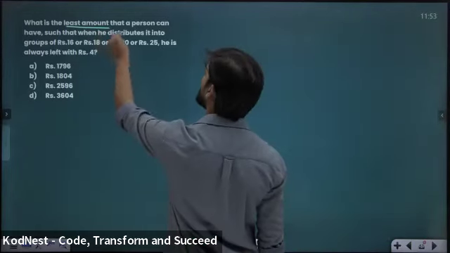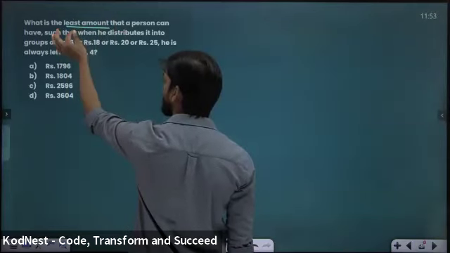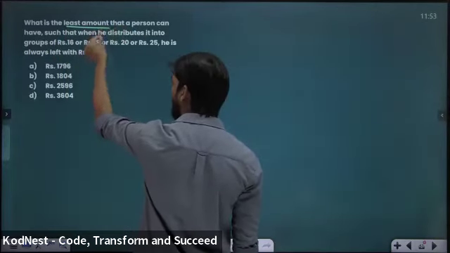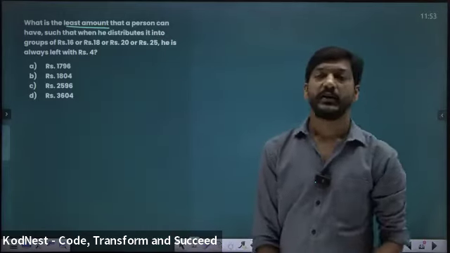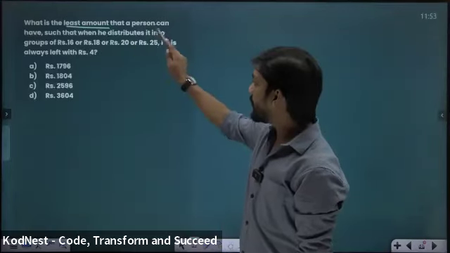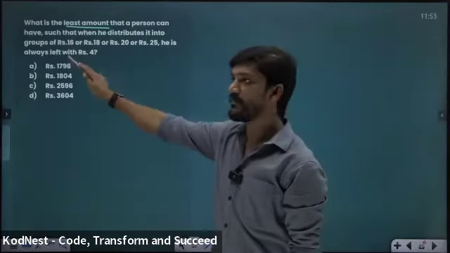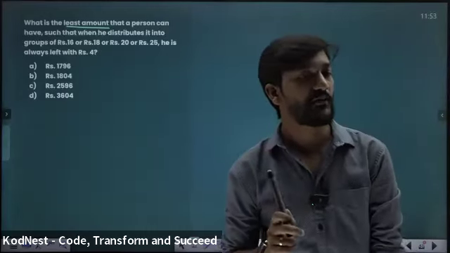Such that when he divides it into groups of 16, that means divided by 16, divided by 18, divided by 20, divided by 25. Okay, so least amount when divided by 16, 18, 20, 25, he is always left with rupees 4. Left with, what is the meaning of this?